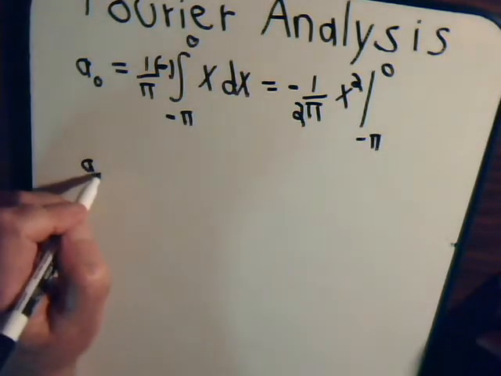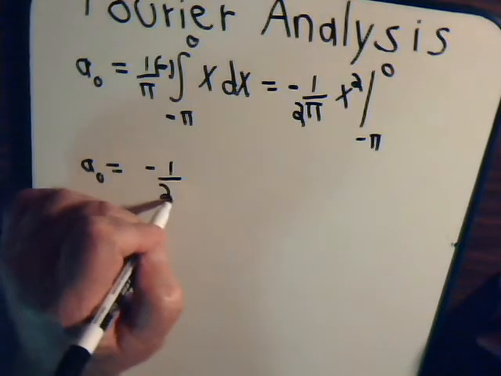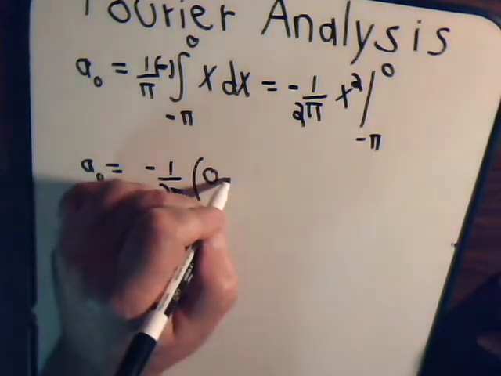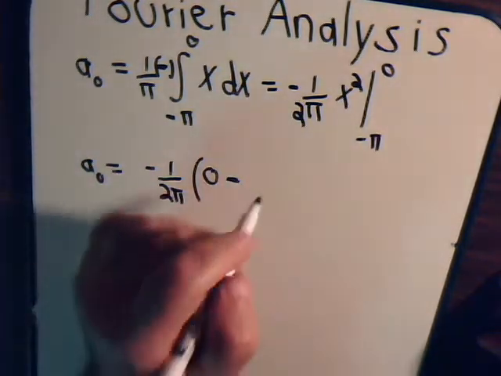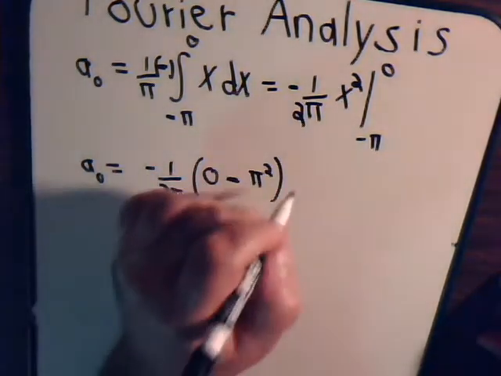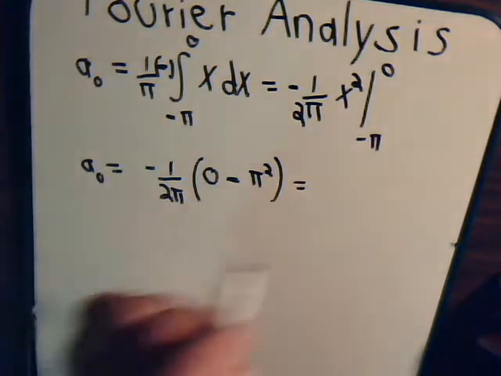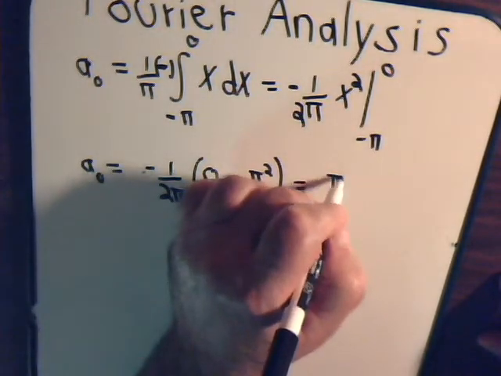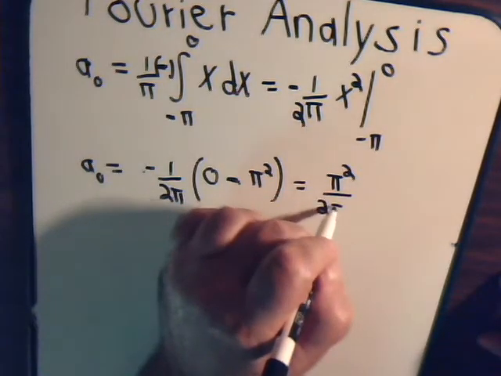So this will equal minus 1 over 2 pi, and then we'll have 0 minus, this would be plus pi squared. So multiplied through, this would be plus pi squared. Negative times negative, divided by 2 pi.